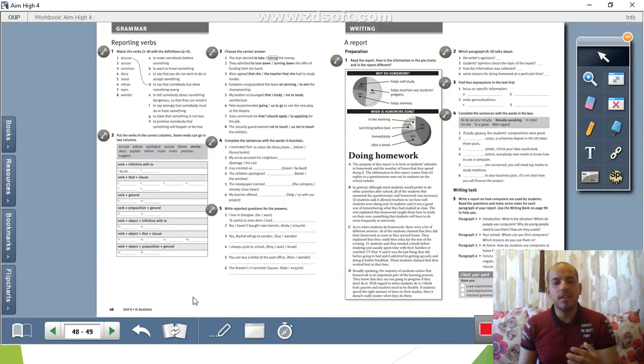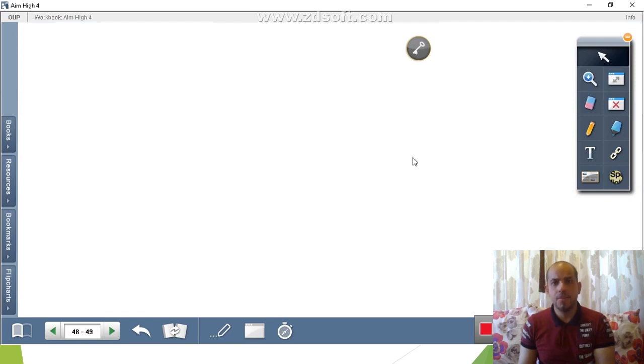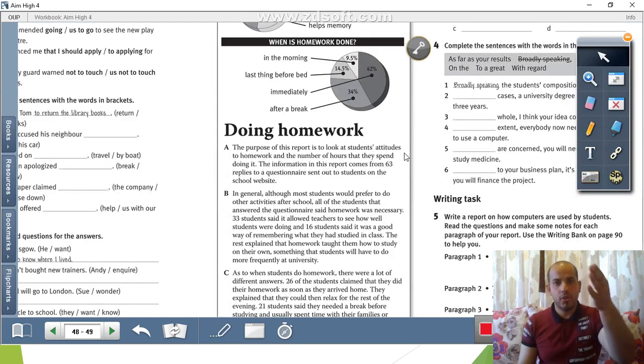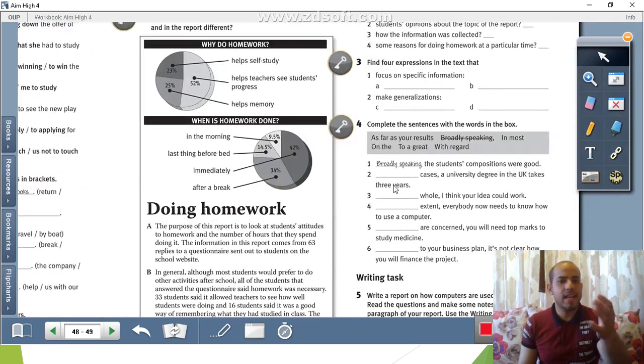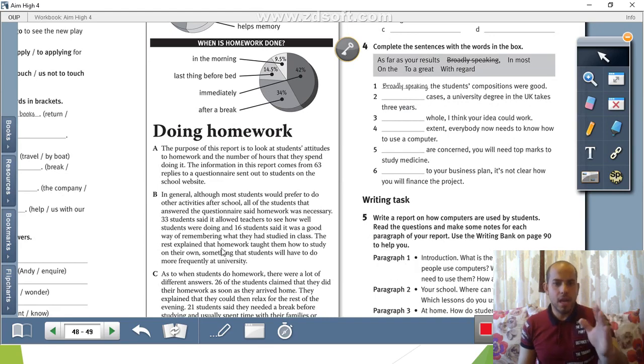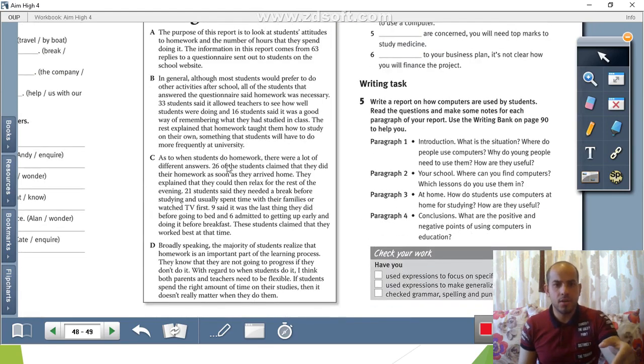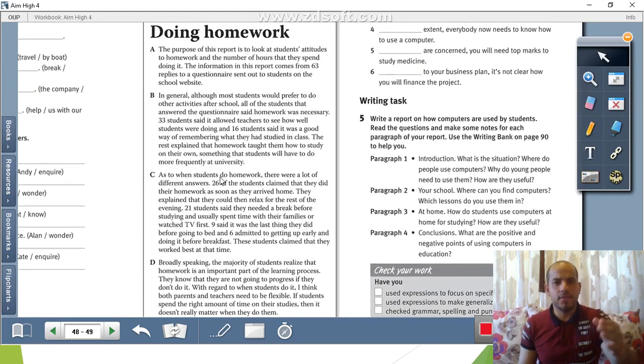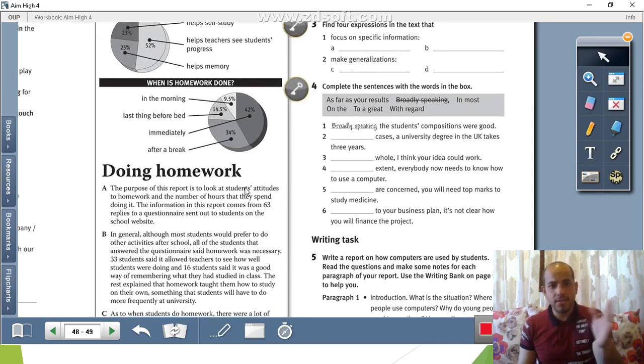Okay? Then move to these 2 questions, they are so easy. They are not considered as a homework. Also here we have a report. You can study the report, you can study the pattern, you can see how the writer here writes, and how many paragraphs we have here, the pattern of the paragraphs.